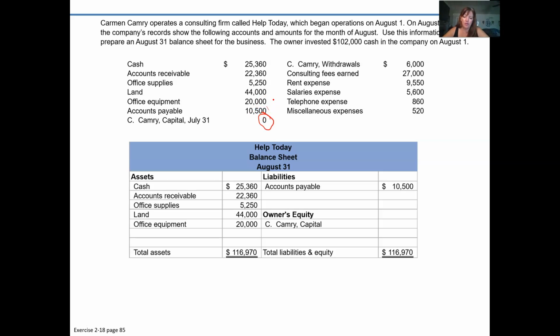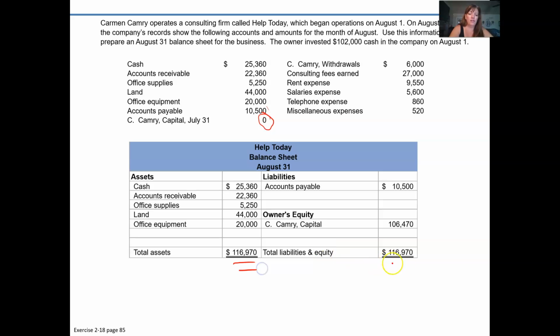That's not the amount that we use. We just finished going over the statement of owner's equity, and that is the total, the new capital amount that we use for this problem. Not the one listed, because this is the one before we've done the statement of owner's equity. Add your liabilities to your equity, and we get $116,970, and that should equal your total assets.